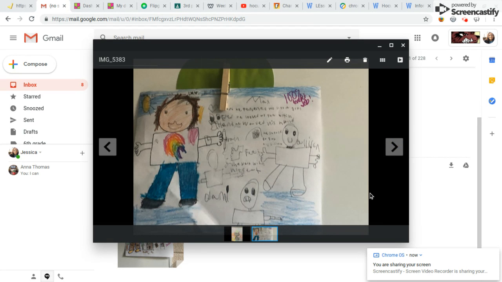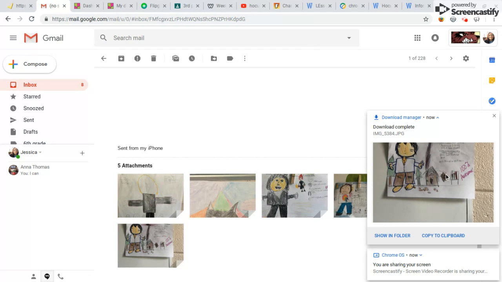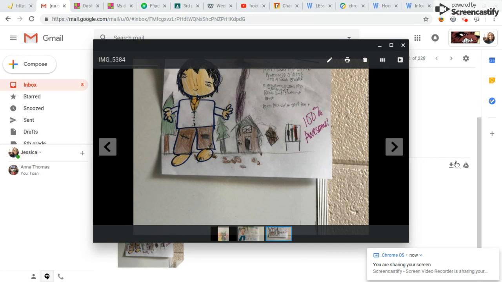He's very below grade level, but as you can see, he has his character Max, and he's got the eyes, the heart, and the hand. These are all the different other characters in the story. I have one who did a fantastic job drawing. This was a really cool way for kids who are not able to express themselves to do that. He drew Thackery Binx as he was when he was a kid.